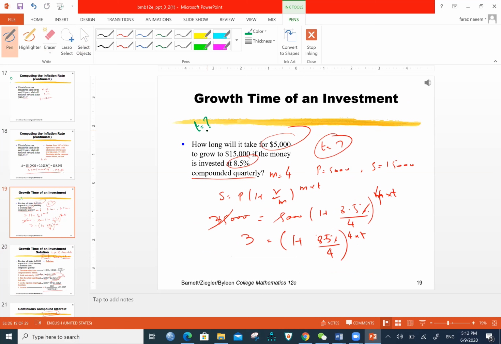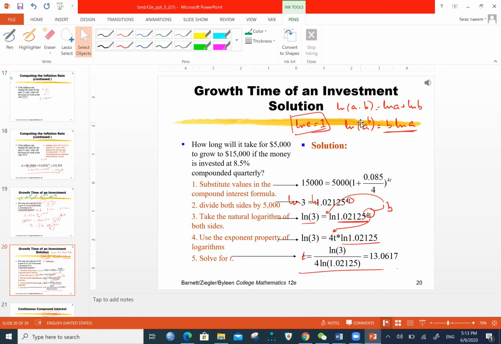For $5,000 to grow to $15,000, if the money is invested at the rate of 8.5% compounded quarterly, M is 4. M is 4. Understand? Yes. Now we substitute the values into the formula.